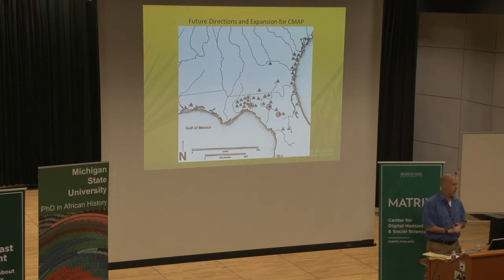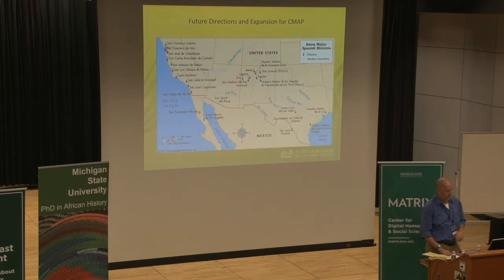I already have an agreement with a colleague at Florida State University to either test this out or give us their artifacts to test. And we'll also work with University of West Florida, North Florida, Georgia, etc. And then ultimately we'd like to expand to Southwest, Central, and South America, and hopefully involve all the Spanish missions, and then even go beyond that and involve more recent missions like the Chickasaw, missions to the Chickasaw in the 19th century.